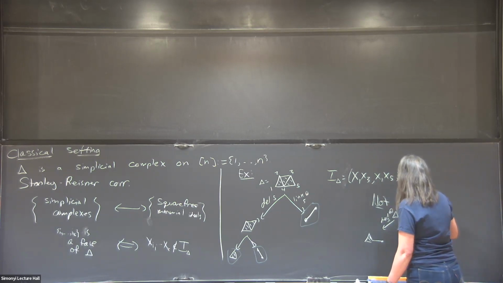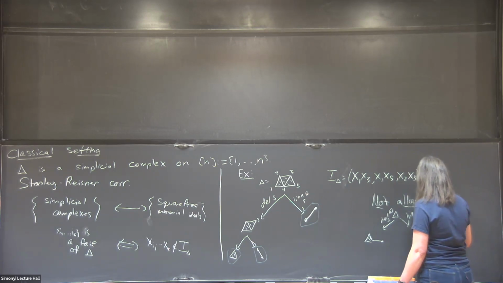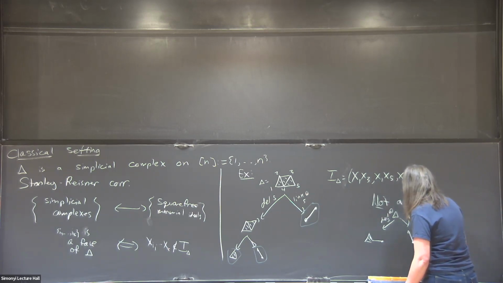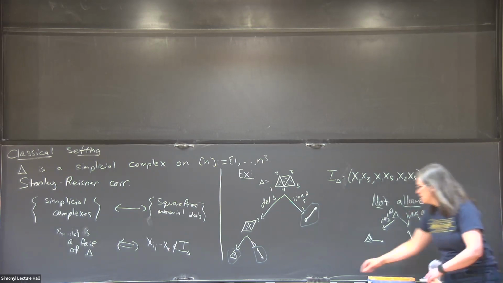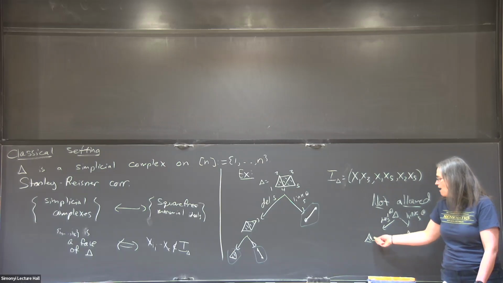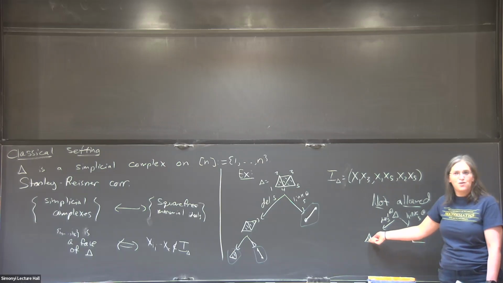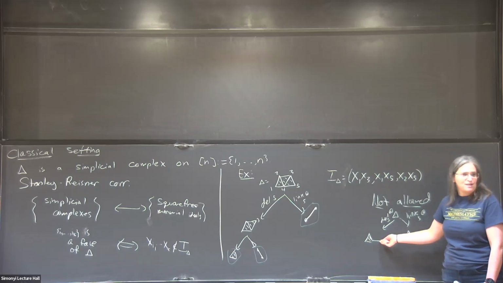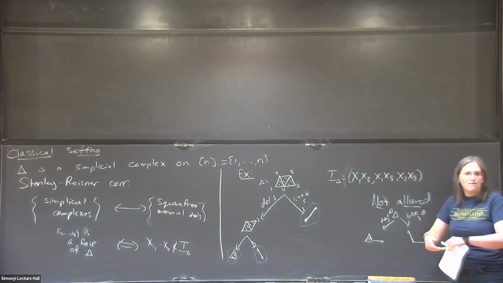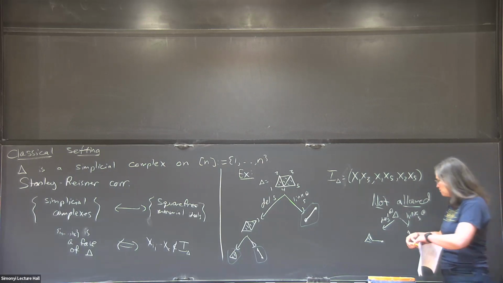The link at 3 is actually fine. Links of good complexes are good. So the thing that's not allowed is this failure of purity, where I have one facet that's a triangle and another facet that's a line segment. And the rule is that all of the facets have to have the same dimension.